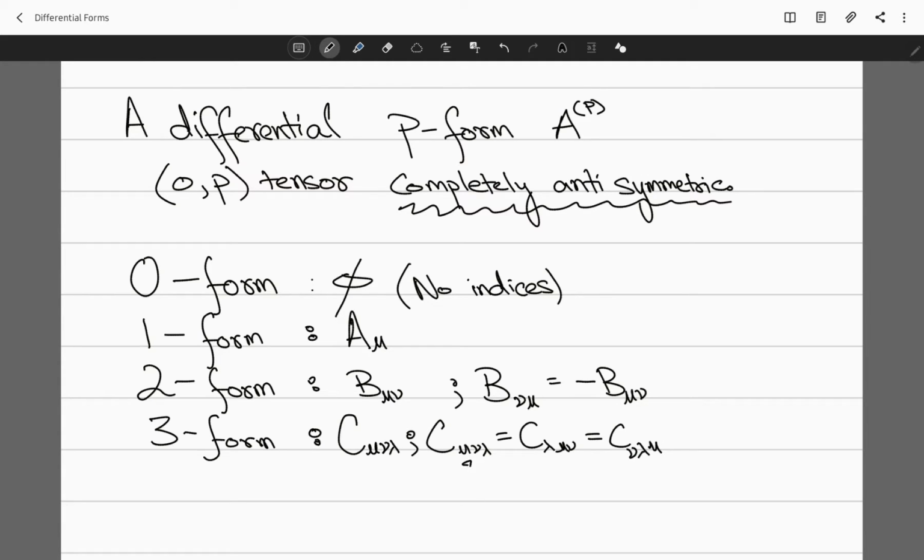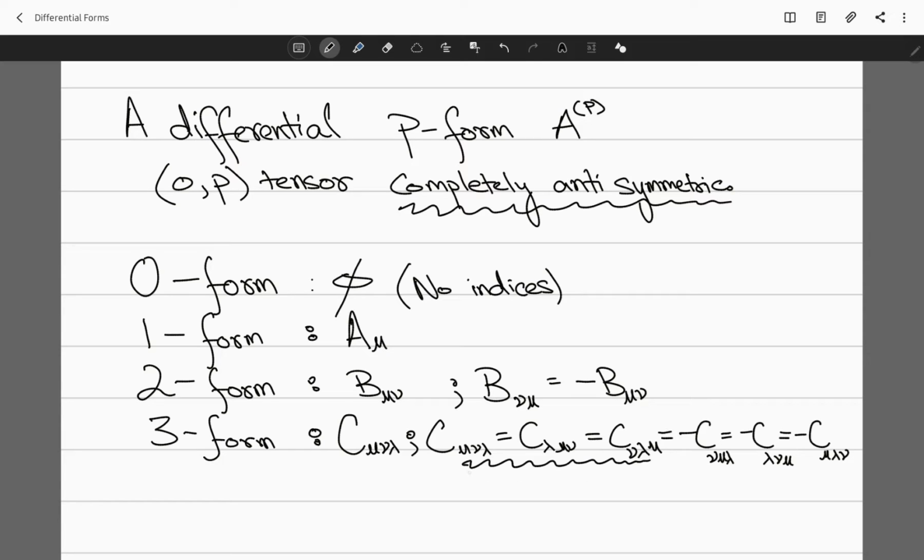If you note, we have just done an even number of index swaps, and this would further be equal to, if we do an odd number of index swaps, that would put in a negative sign, so we would have negative C_nu mu lambda, which would be equal to negative C_lambda nu mu, which would be equal to negative C_mu lambda nu, right?